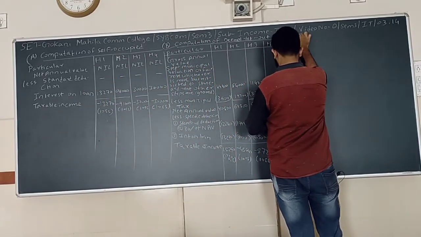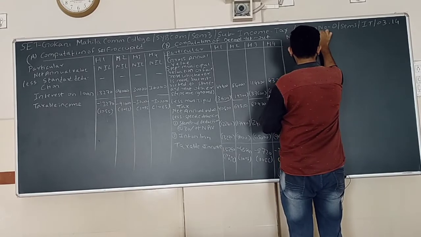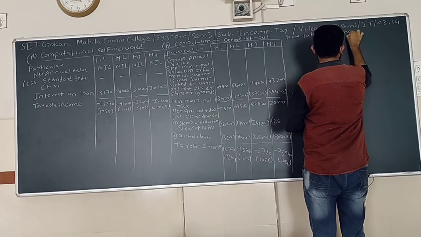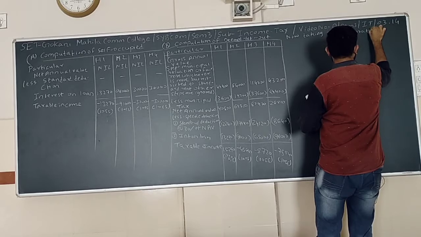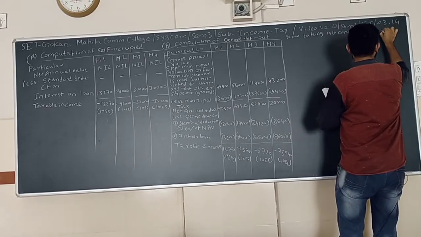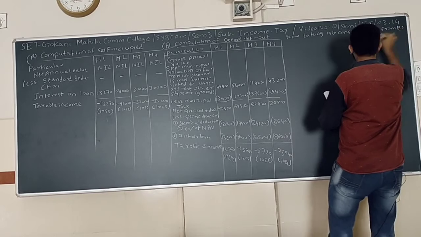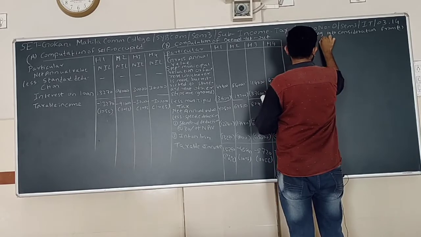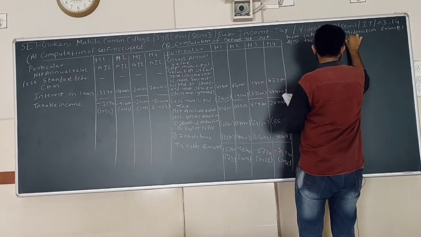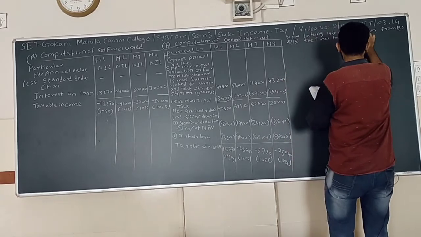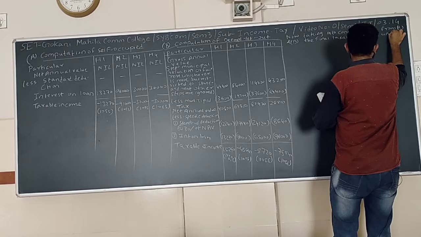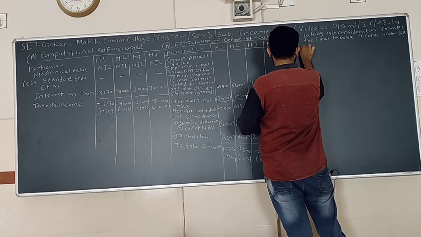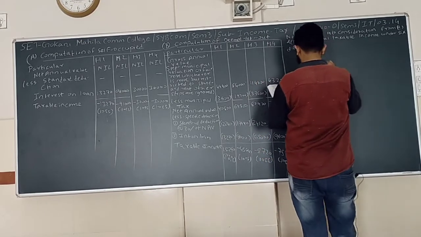Now, taking into consideration from A and B, the final taxable income under 6 different options.